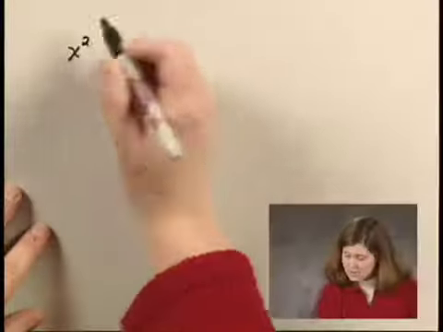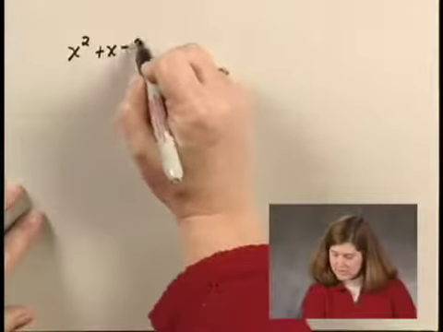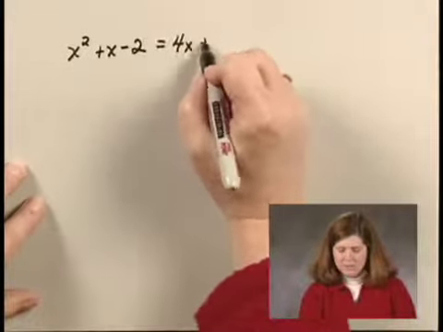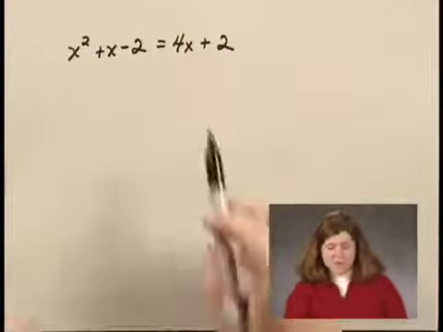Now, let me copy that here so I have room to work. I have x squared plus x minus 2 equals 4x plus 2.